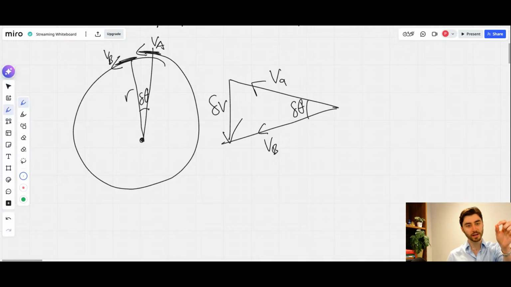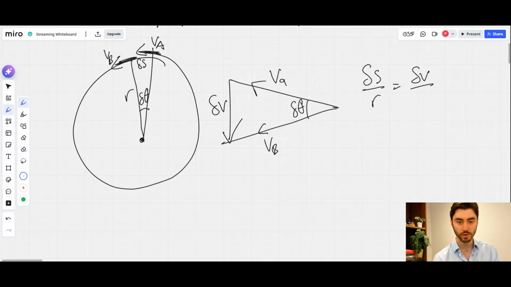Now, the point here is that if delta theta is small, then this distance along the circle delta S will be approximately linear. And we can say that approximately speaking, delta S over R will equal delta V over V. Now, that delta S, we know, is going to be the same as speed times the change in time.